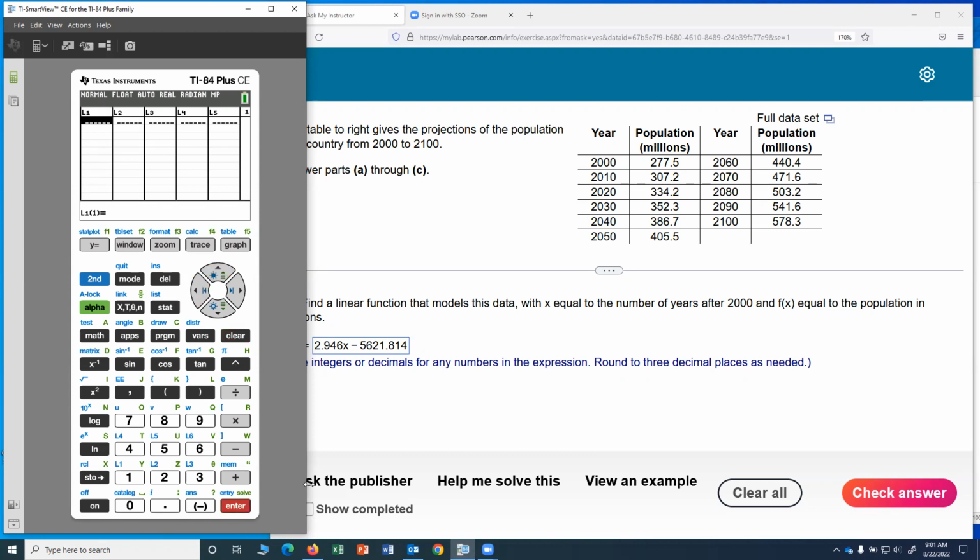And then for x equals, for the year 2000, I'm going to do x equals 0, because that's how many years it's been since the year 2000. And then 10 would be 2010. 2020 would be 20. And then I have 30. And let me go back up and correct my 20.